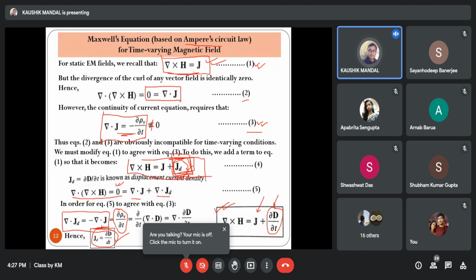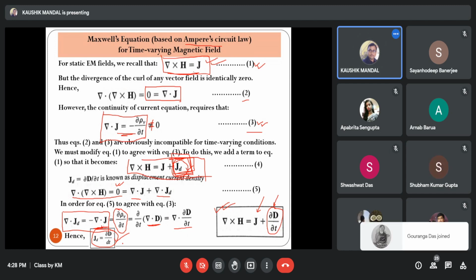Once again we apply the divergence on both sides, and we see that divergence of JD equals minus divergence of J. Now divergence of J from the current continuity equation is minus del rho v del T. So divergence of JD equals del rho v del T, and that equals del T of divergence of D, that is divergence of del D del T. So this JD, the differential displacement current density, is nothing but del D del T. So the Maxwell's equation becomes curl H equal to J plus del D del T.